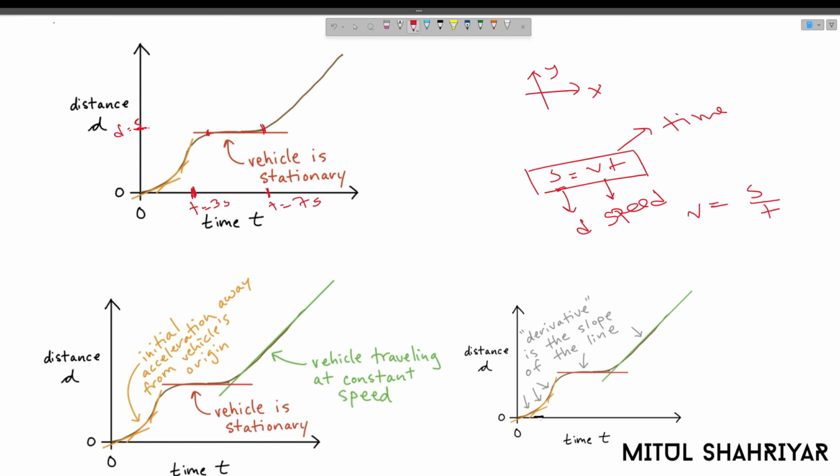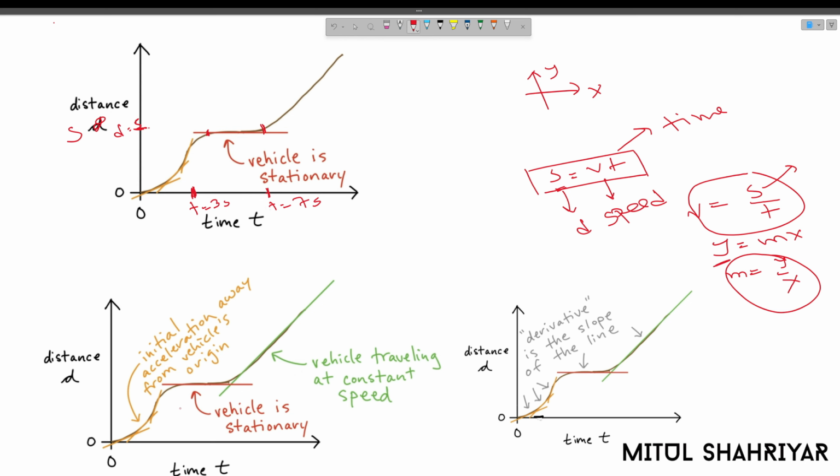Again we have learned y equals mx, right? So if we want to look for m, which is y by x, which again means for this one v equals s by t. So s refers to the distance, the y-axis value, and t refers to the x-axis value. That means the plot we have in general basically refers to the speed.